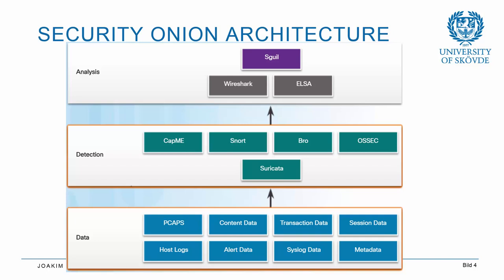And ELSA is an interface to a wide variety of NSM data logs, so it will present data from HIDS, NIDS, firewalls, syslog clients, so on and so forth. And we will look at and work with all three of those analysis tools. If you haven't done so already, you will do it in the labs in those two last chapters of the course.